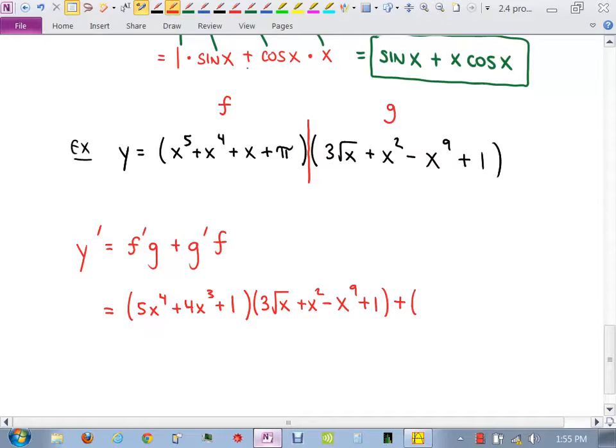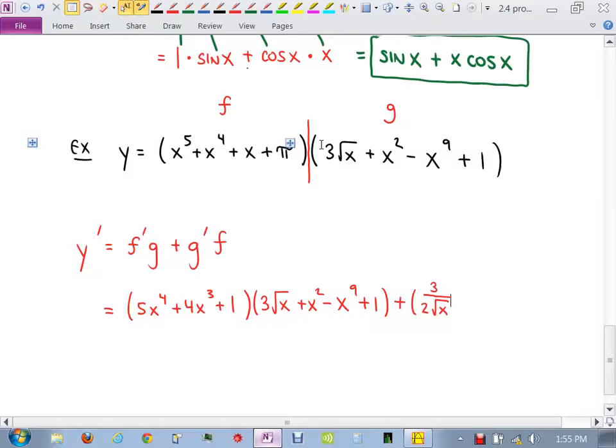Plus g prime. 3 over 2 root x. How did I get that? Yep. Remember, I told y'all last class, everyone here should be comfortable: the derivative of the square root of x is 1 over 2 root x. Remember that?